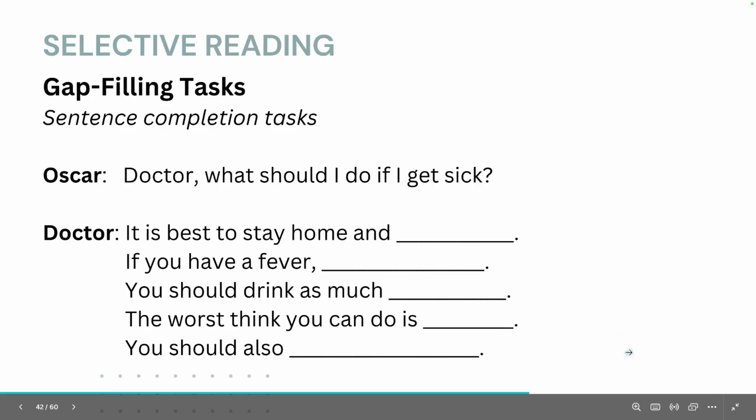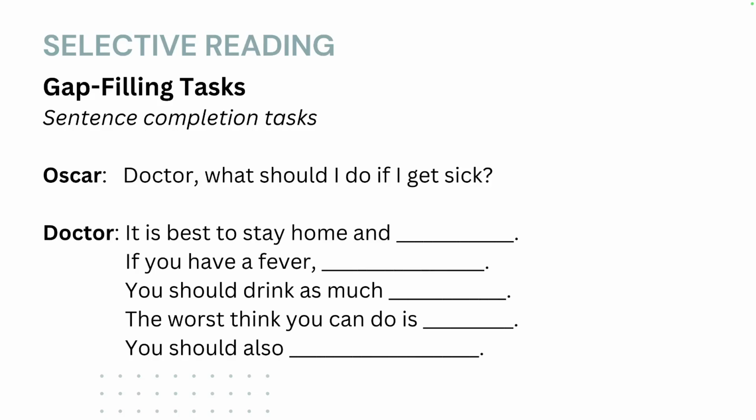Now you can also do gap filling tasks, which would be like this kind, sentence completion. Now these ones, of course, they become a little bit more subjective because now the answers are a little bit more open-ended. But remember, at the selective reading level, it's okay for them to give a response, but it must be very short.